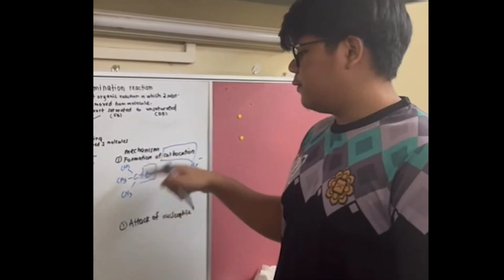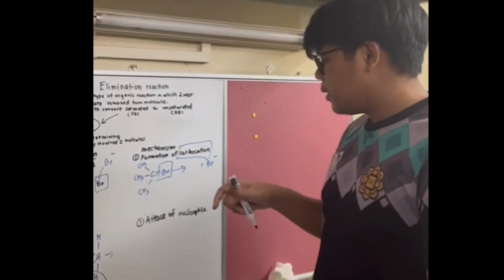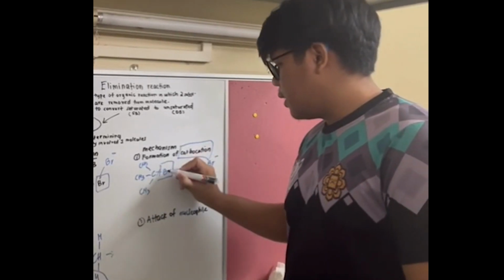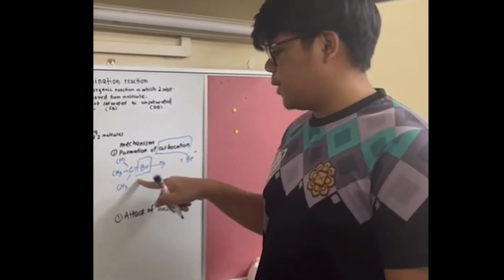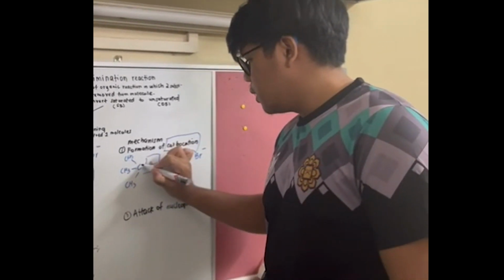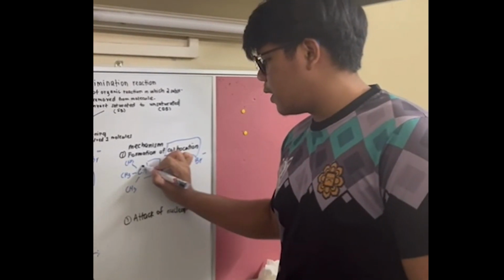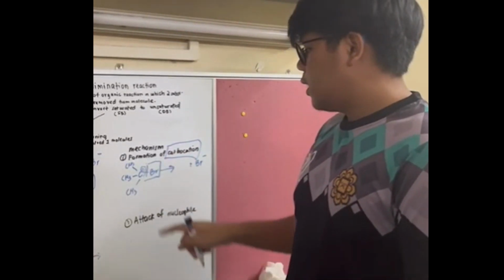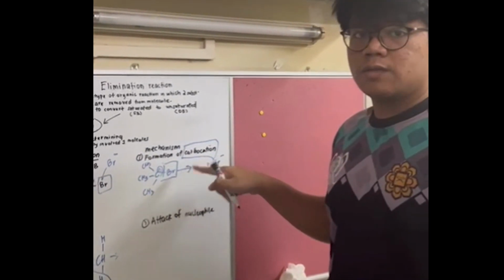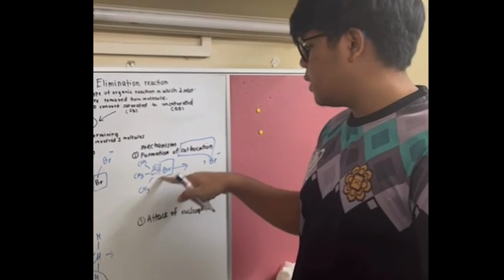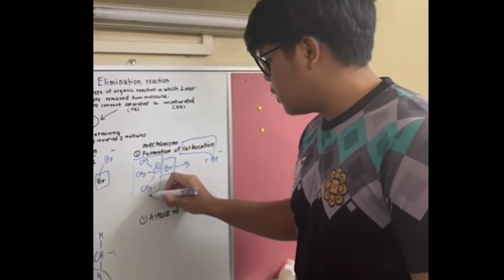That's why it will leave this molecule and become a leaving group. And then when this bromine is eliminated, at our carbon we will have one extra electron, and this is called a carbocation. That's why we will call this molecule the carbocation.